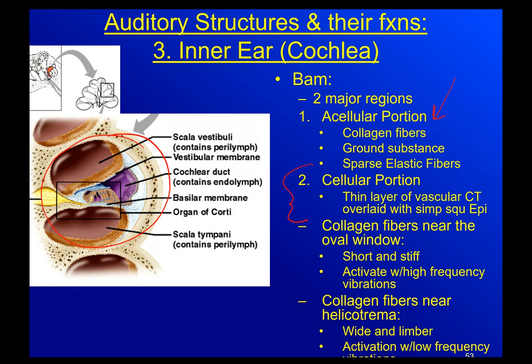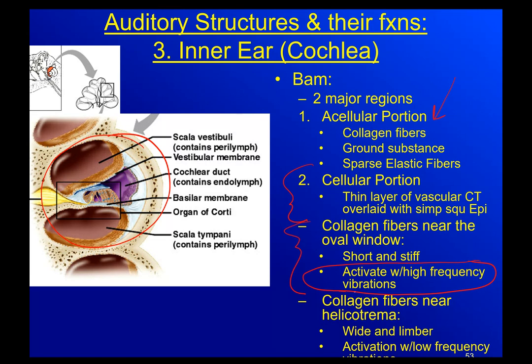The collagen fibers near the oval window, so near the foot of the stapes, are short and they're very stiff. They only activate with high frequency vibrations. So Minnie Mouse's high pitched voice, you'd be closer to where that foot of the stapes is, where you're activating the basilar membrane.